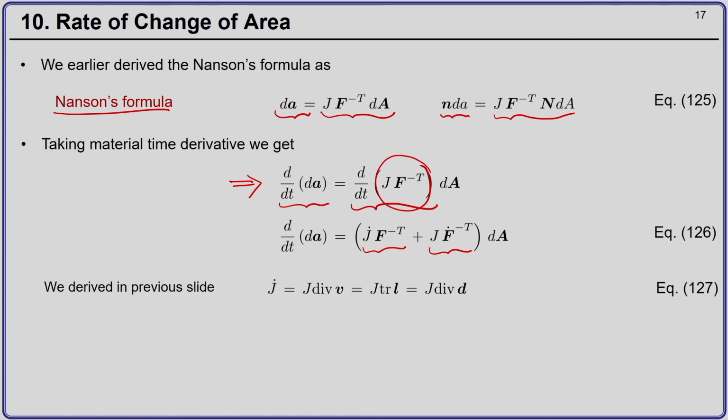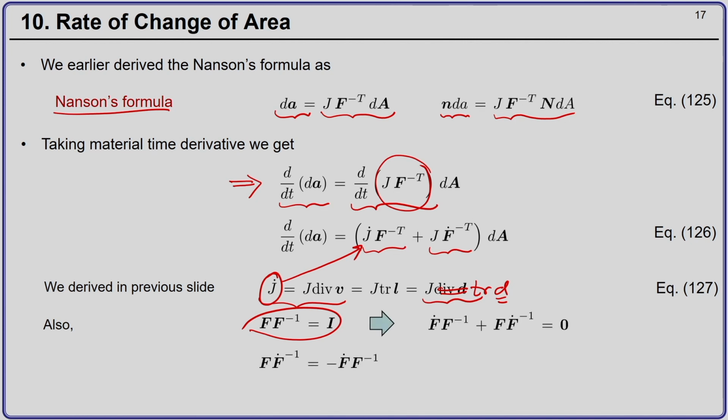From our previous slides, we know that J dot is J divergence of V, equal to J trace of L, equal to J trace of D, so I can substitute for J dot from here. I also know that F F inverse is identity, which means if I take the material time derivative, I can show that the derivative of F inverse is minus F inverse times F dot times F inverse.